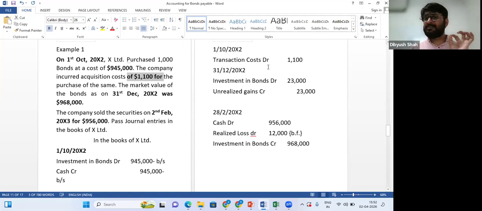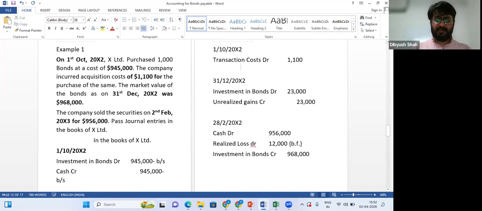So we have to immediately write it off in P&L. So transaction cost debit, cash credit $1,100. This is an expense that will be written off in P&L, or SOPL as ACCA students call it. And this will reduce your asset in the balance sheet.